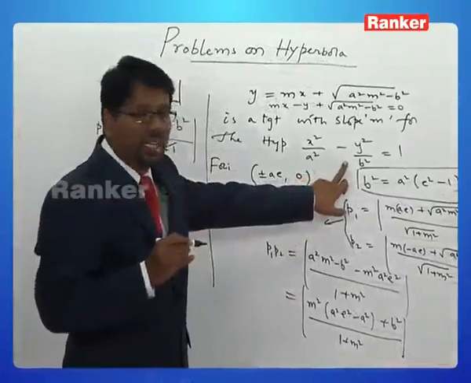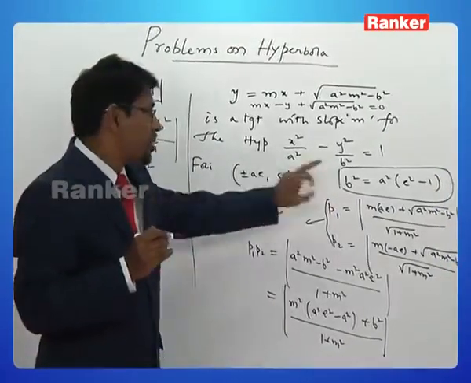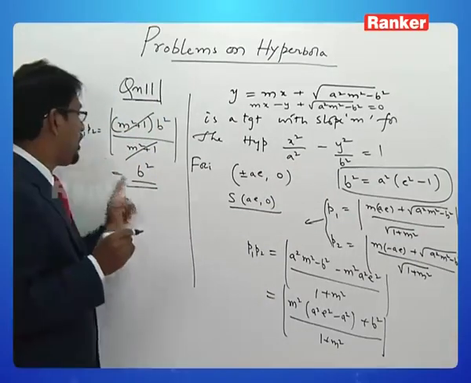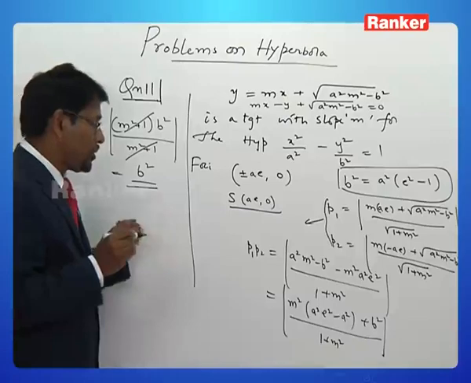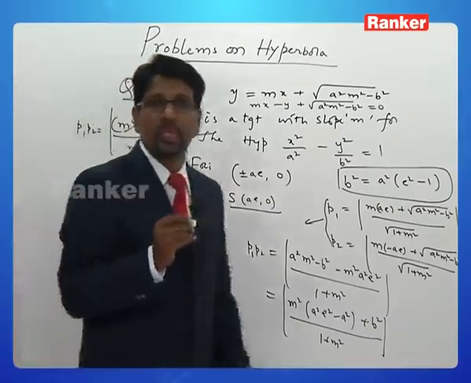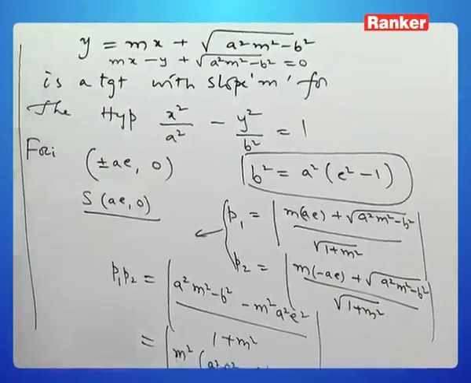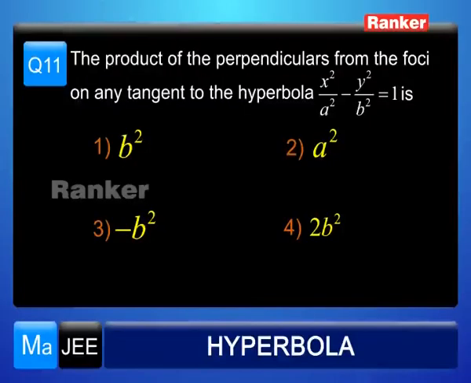Here, what is the semi-conjugate axis length? b is the semi-conjugate axis length. What did you find P1 into P2 to be? b square. So, it's an important observation and has to be borne in mind. So, option 1 is the right answer.